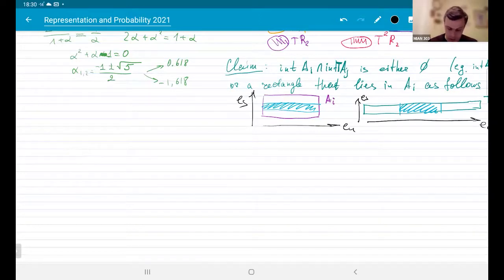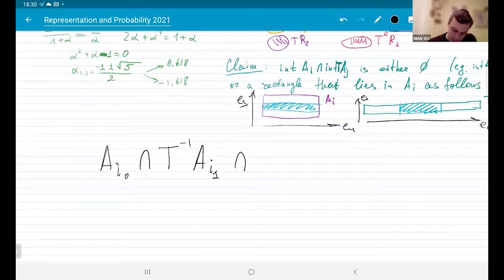Let me start with the following: AI naught intersected with T minus 1 of AI1, and the intersection with T minus 2 of AI2.